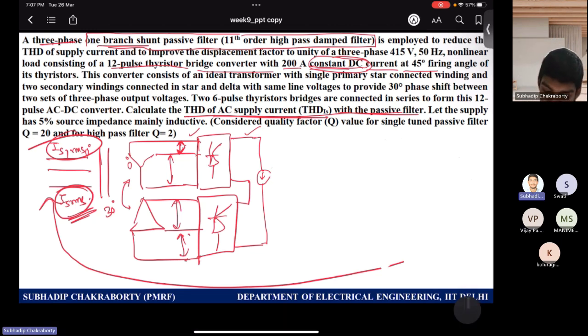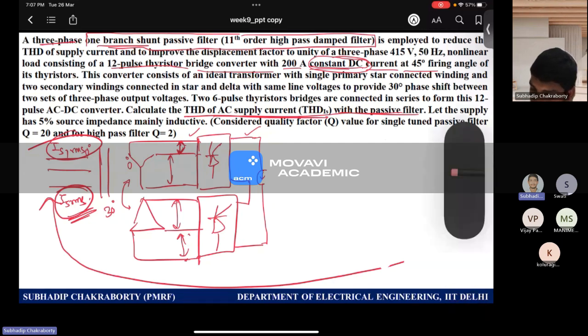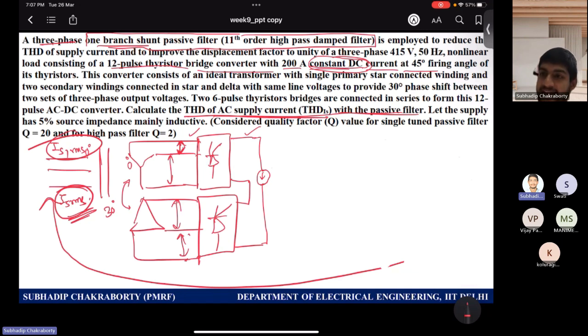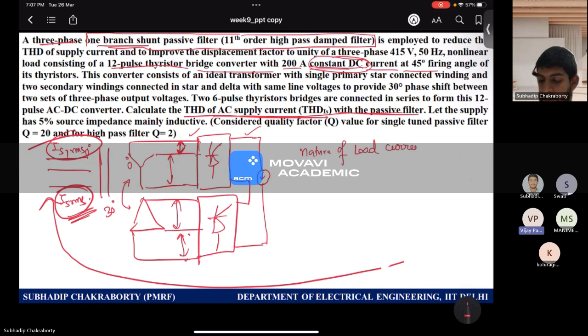How is the nature of the waveform? For a thyristor based controlled rectifier feeding constant current DC loads, that is highly inductive RL loads, how will be the nature of the current on the AC side? What is the shape?